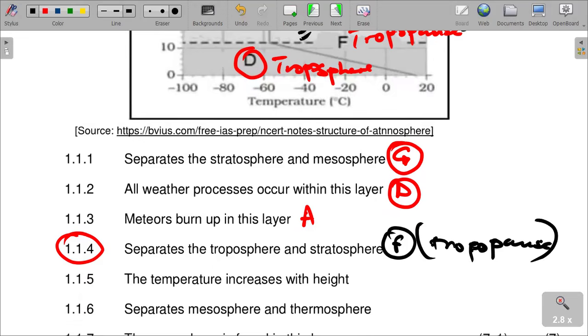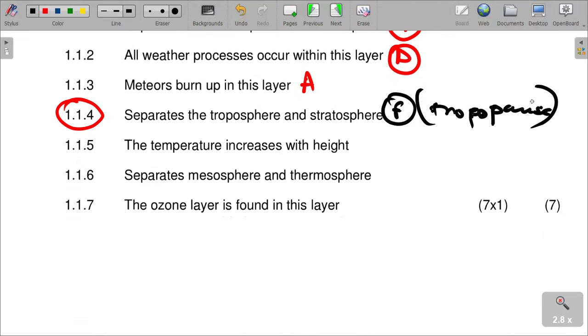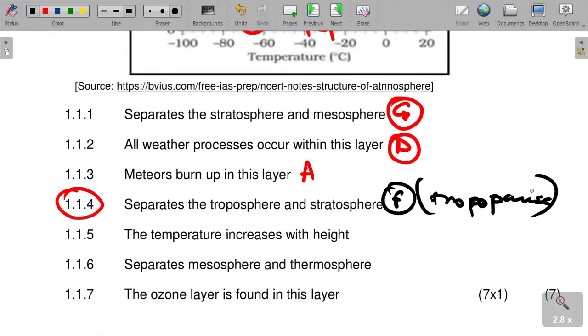But the question wants you to give letters only. Number five: the temperature increases with the height. Where do we have temperature increasing with the height? We say that the higher you go, the cooler it becomes, but in this case, the higher you go, the temperature increases, or the hotter it becomes.